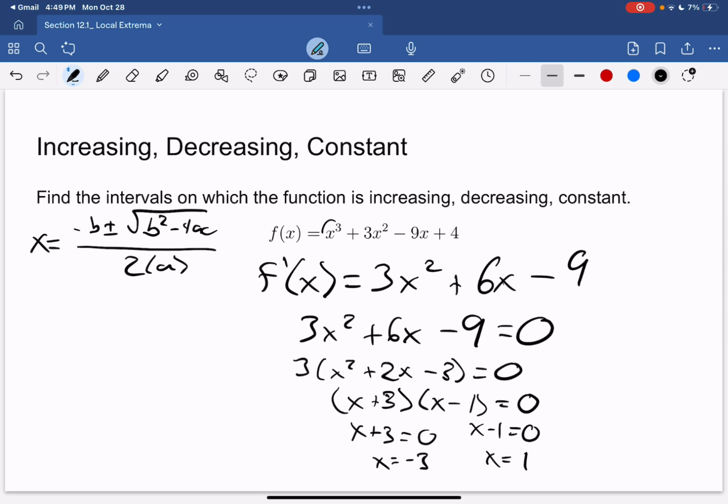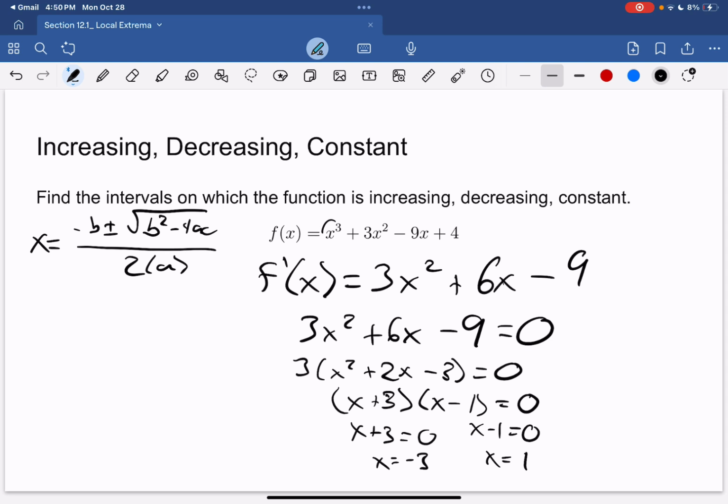So these two values, negative 3 and 1, I know the slope of the function is constant there. Now I'm going to test this and figure out where it's increasing and decreasing. The question was talking about intervals.